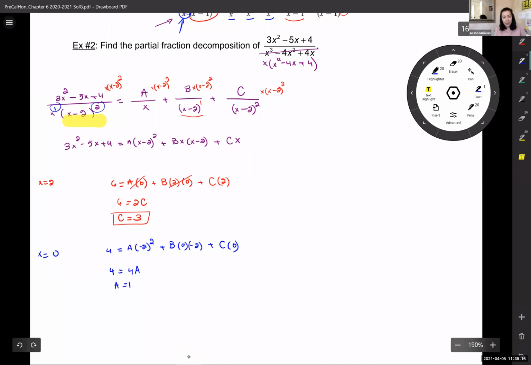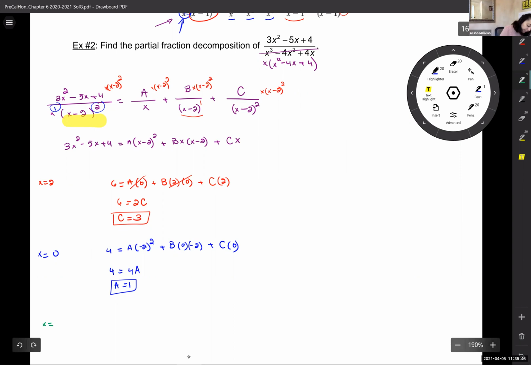Okay, I ran out of things that would make my terms equal to 0, but I still need to solve for B. So what now? Do I quit? No. Remember how initially I told you, technically you can plug in whatever you want, but it's preferable to start with things that would make some of the terms equal to 0. Well, when you exhaust those options, just plug in anything your heart desires, 1,384, okay? Or let's plug in x equals 1.